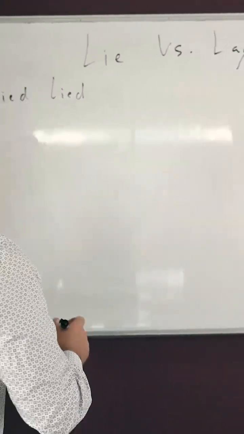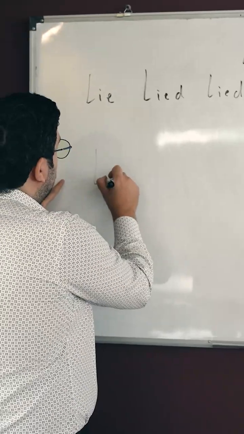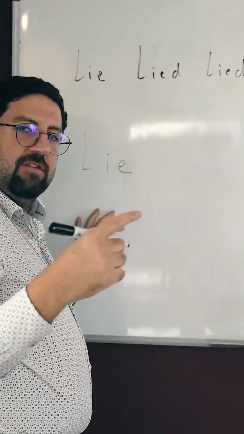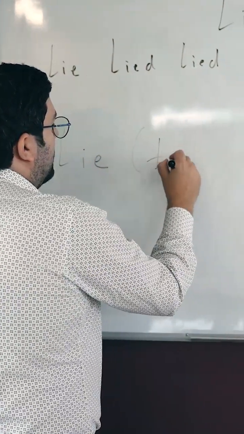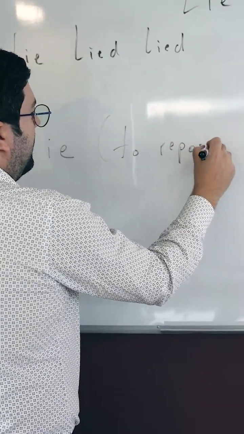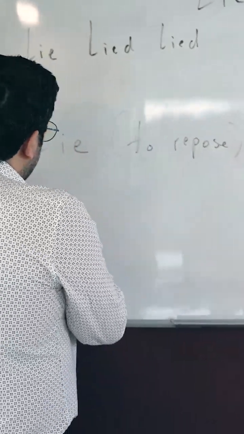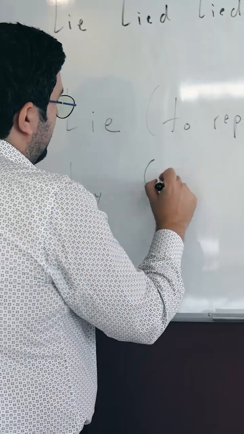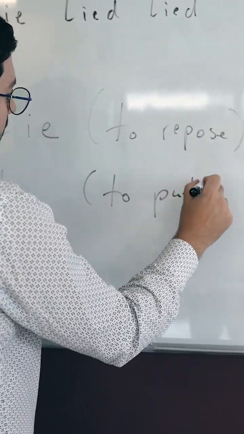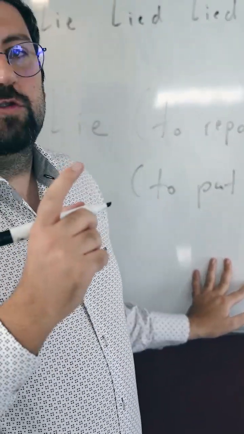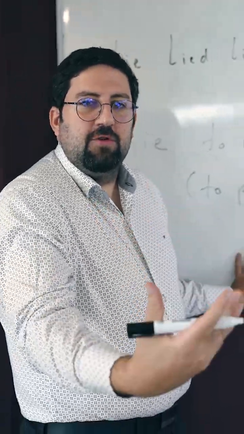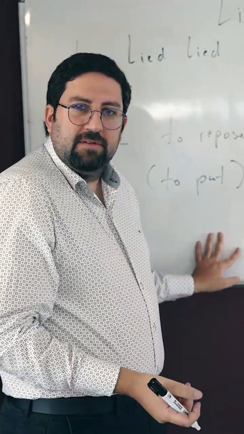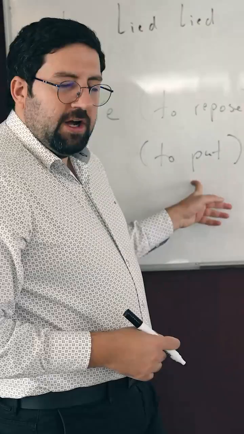Let's take a look. Again, we're not talking about lie, lied, lied. We're talking about lie as in to repose, when you tell someone, relax, lie down. And we're talking about lay, which basically means, or the closest synonym to it is, to put. Lay down your arms, put down your weapons. Now, let's see how we conjugate these.